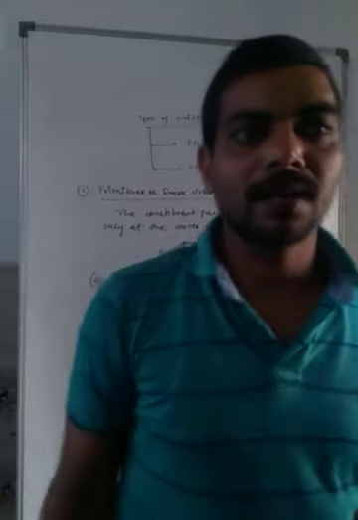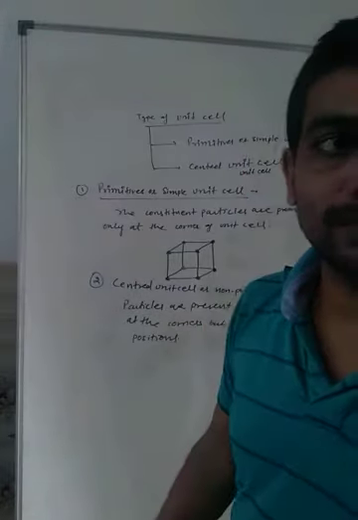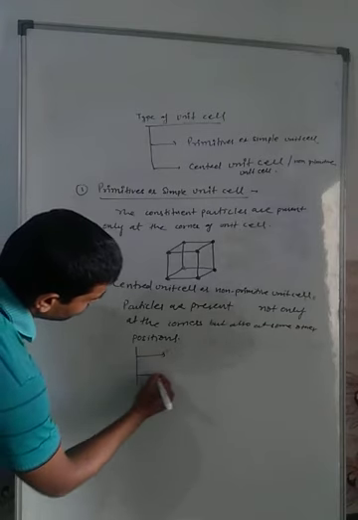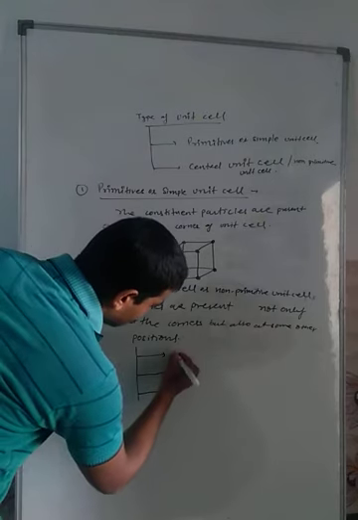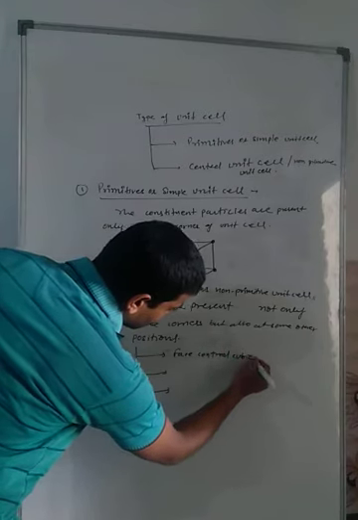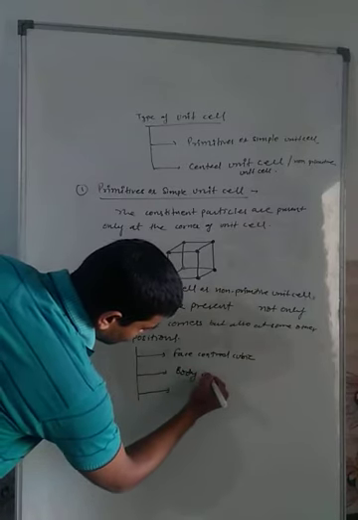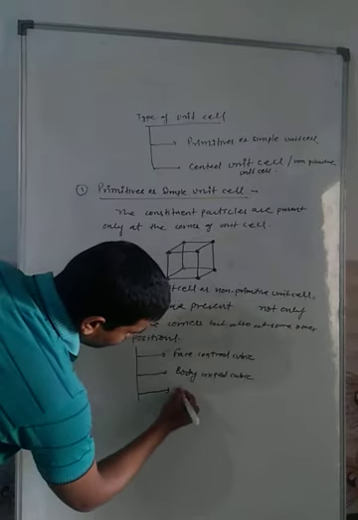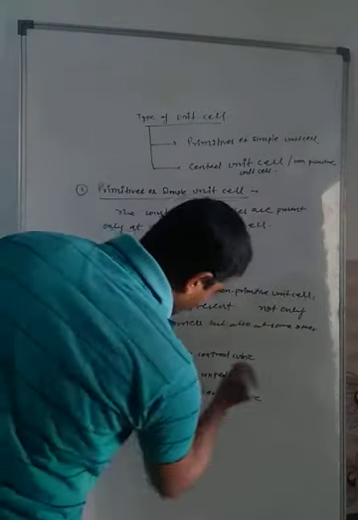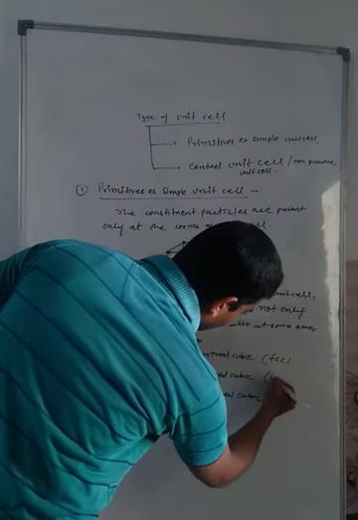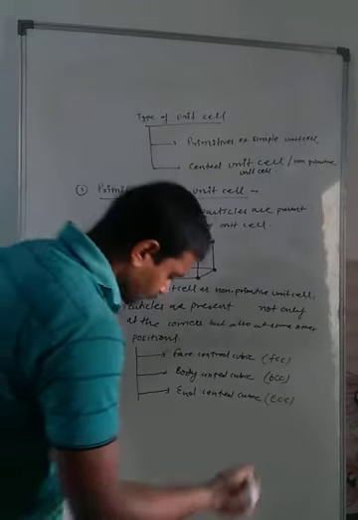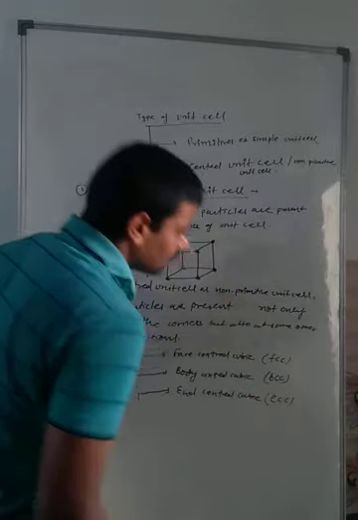Now, the centered unit cell is further classified into basically 3 types: face centered, body centered and end centered. Face centered cubic is called FCC, body centered cubic is BCC, and this one is end centered cubic.